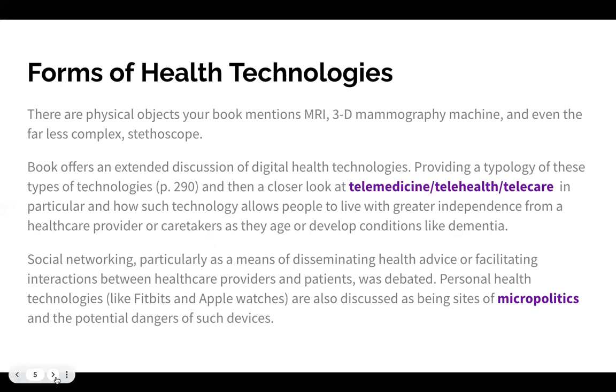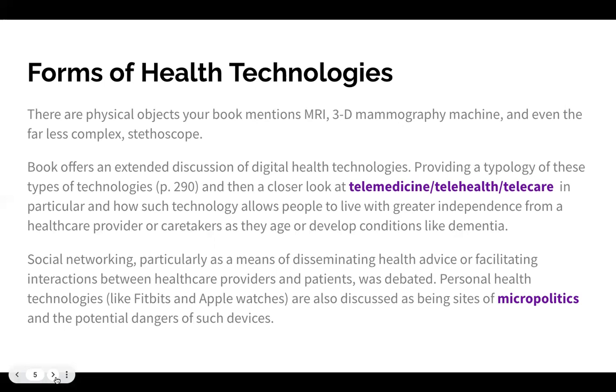Another aspect of digital health technology that the authors hold up and emphasize relates to social networking. Obviously, social networking, Facebook, Instagram, Twitter, is familiar and a part of a lot of people's daily life. But what they're emphasizing is how it has also become a way of disseminating health advice or facilitating interactions between healthcare providers and patients.